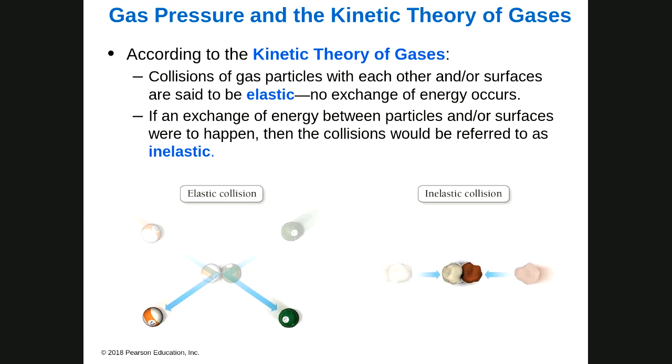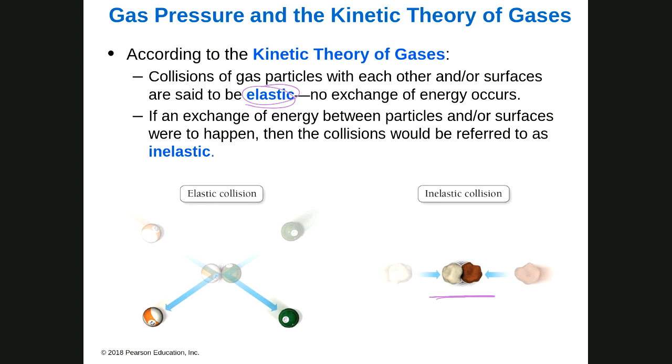If you recall, kinetic theory of gases tells us that all of these impacts are elastic. That is, they don't exchange energy with anything, they just change direction. An inelastic collision is like a head-on collision with a car, where you actually hit and you're exchanging that energy between the two.